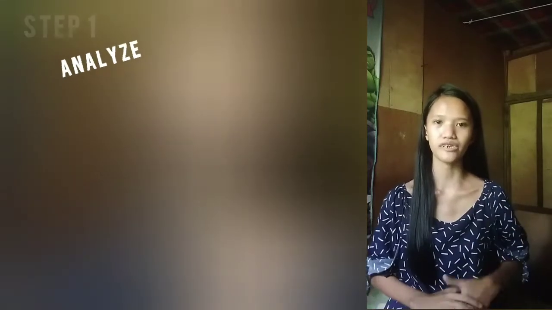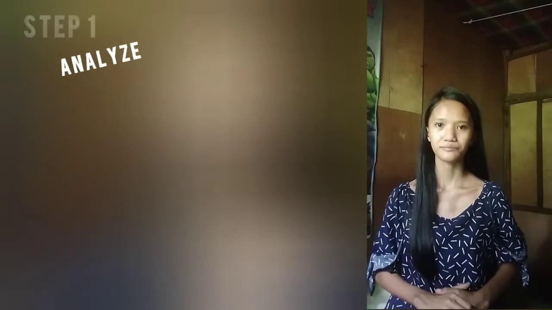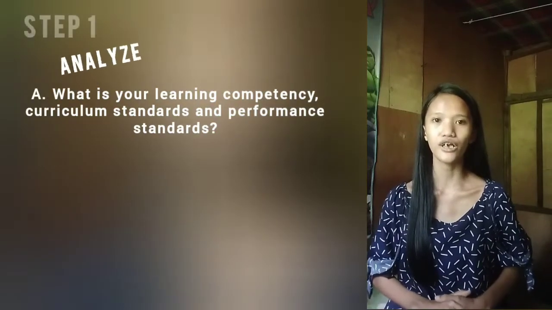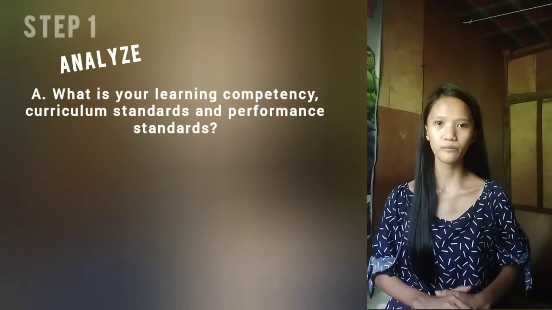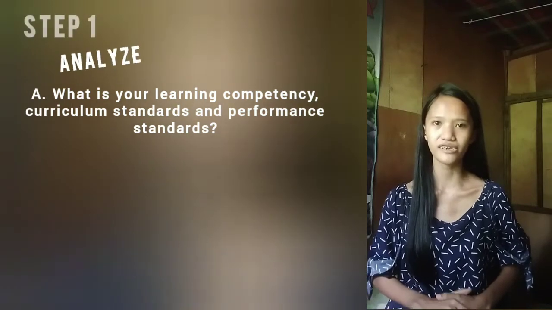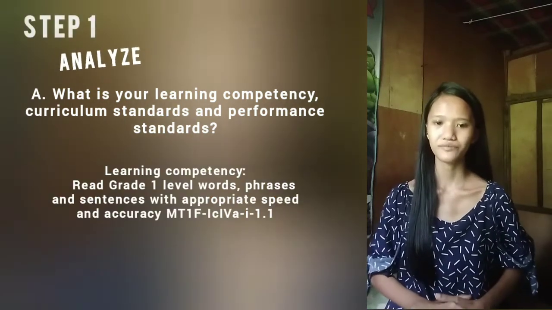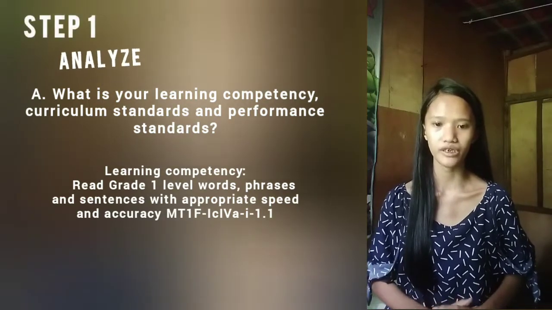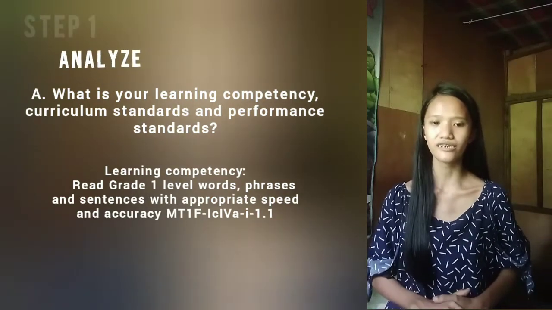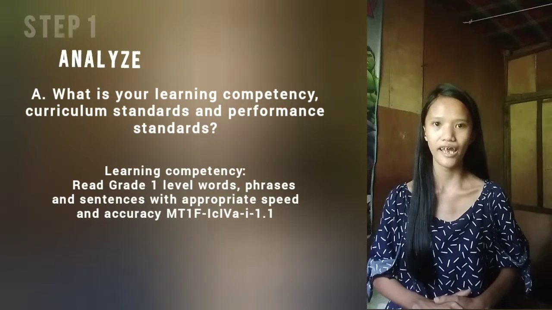In analysis, there are three questions. Question letter A: what is the learning competency, curriculum standard, and performance standard? Learning competency: read grade 1 level words, phrases, and sentences with appropriate speed and accuracy.